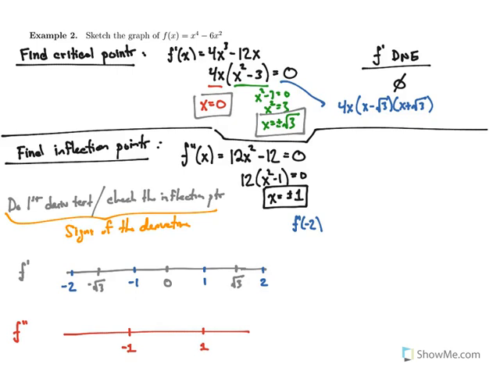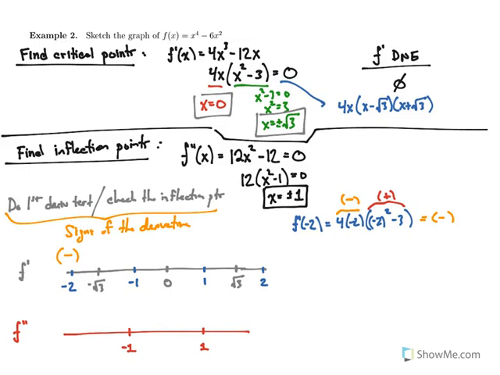If not, then we can just put the version that we had. 4 times -2 times -2 squared minus 3. This is going to be a negative number times a 4 minus 3 is a positive number. So overall, this is going to be a negative number.